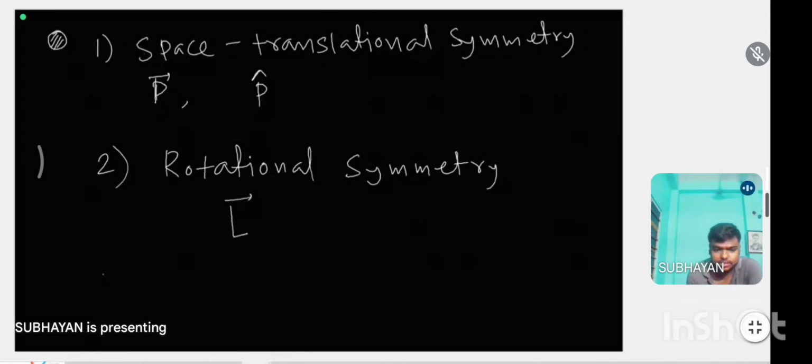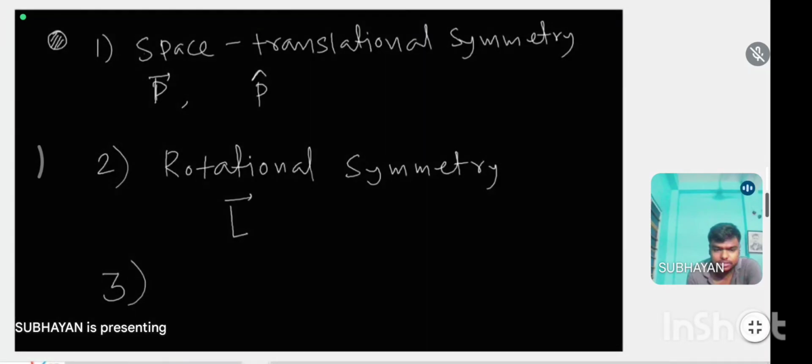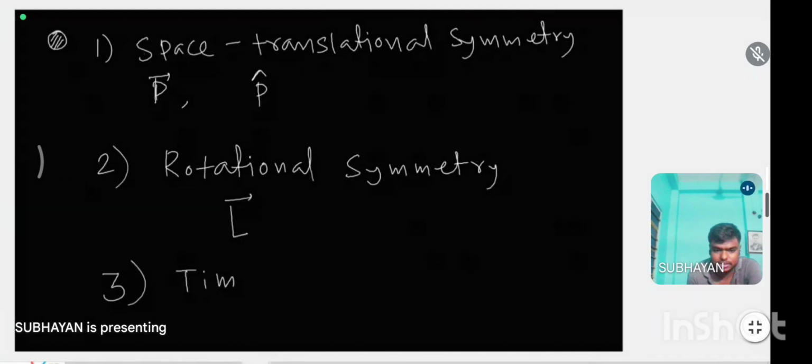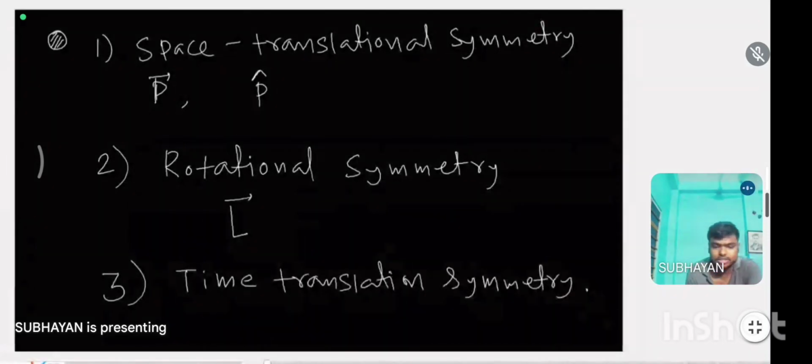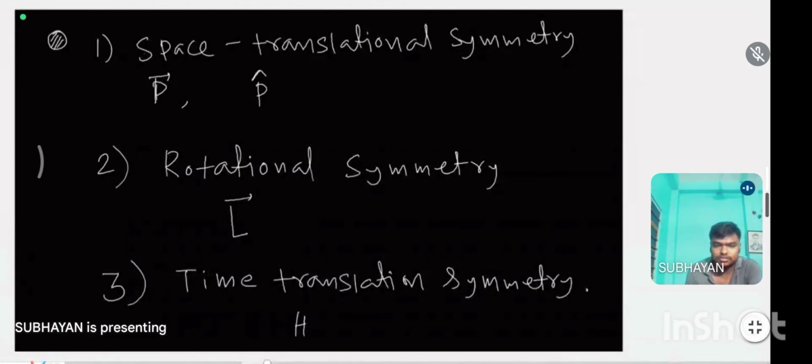And the third one is time translational symmetry. Time translational. And the generator of time translational symmetry is the Hamiltonian H.